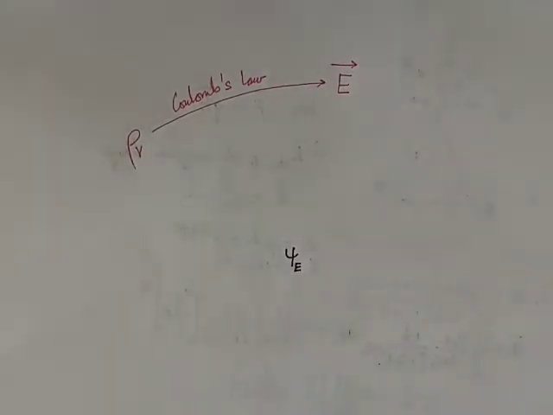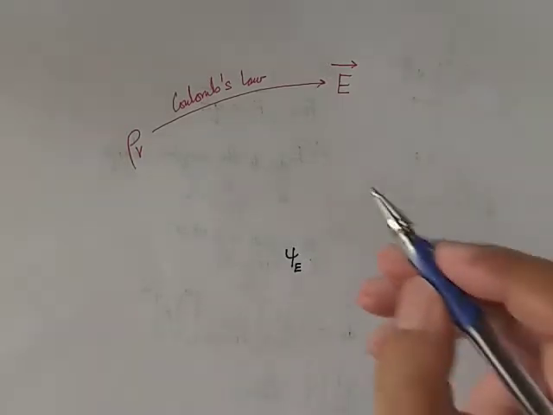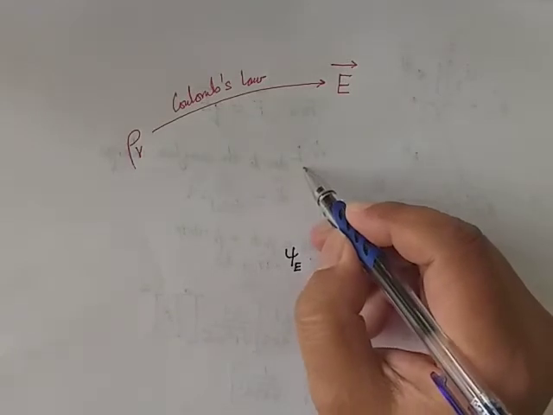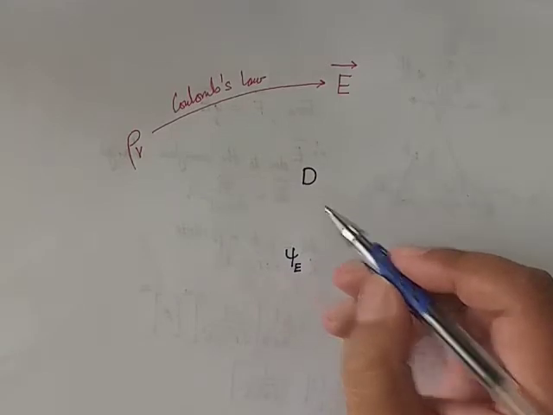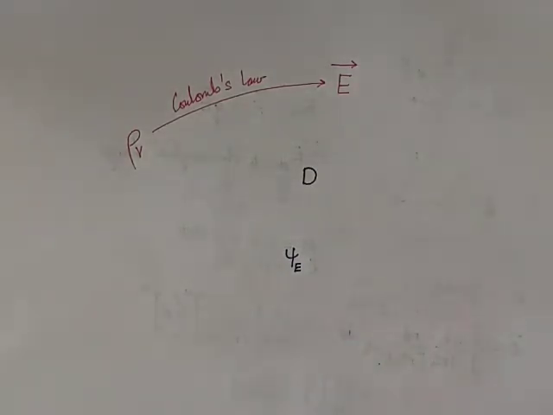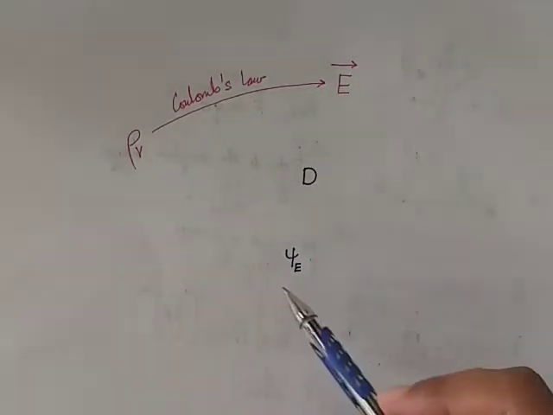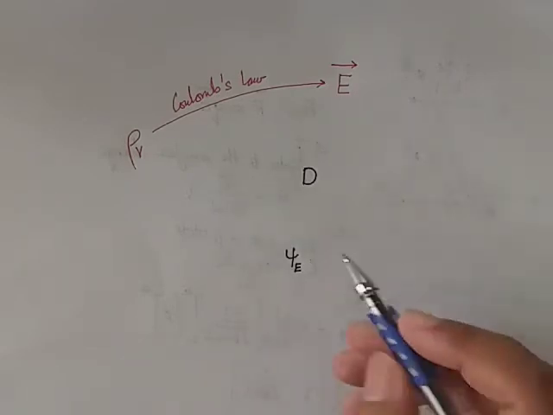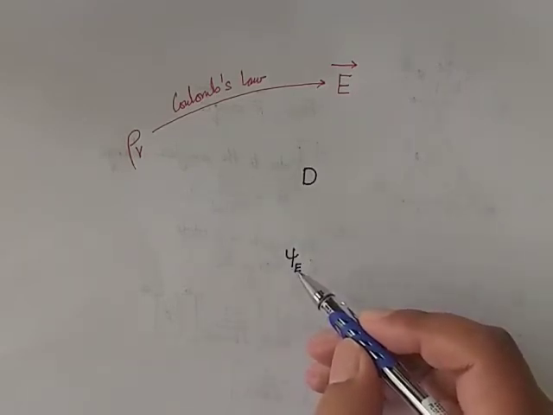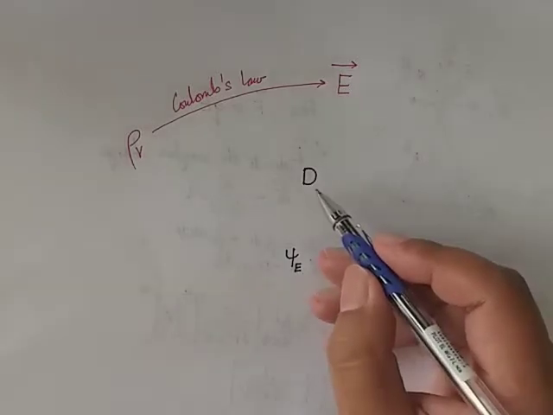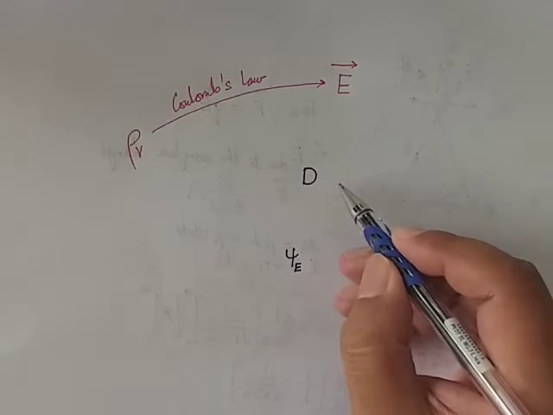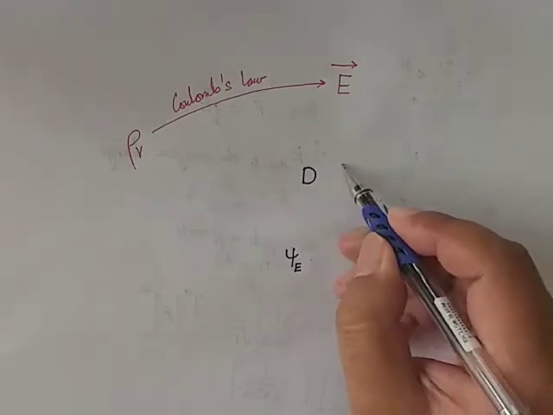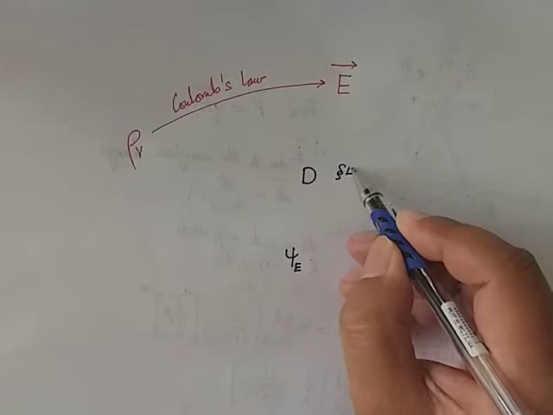And another parameter that is also generated by stationary charges is known by the symbol D, and D is known as electric flux density. So what we're going to continue with after this, we're going to talk about these two issues. First we're going to talk about electric flux, and then electric flux density, and this information can be obtained from our textbook if you open to section 4.5.